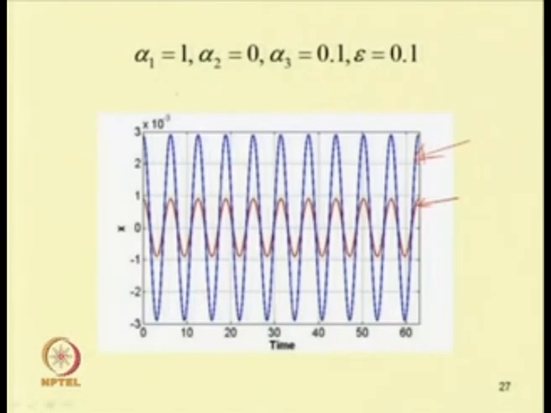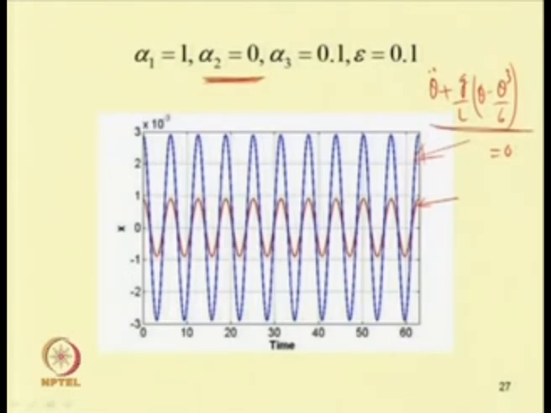In this case, by taking alpha 2 equal to 0, this can be reduced to that of a simple pendulum equation, that is theta double dot plus g by L theta minus theta cube by 6 equal to 0. So, this is a system with cubic nonlinearity.